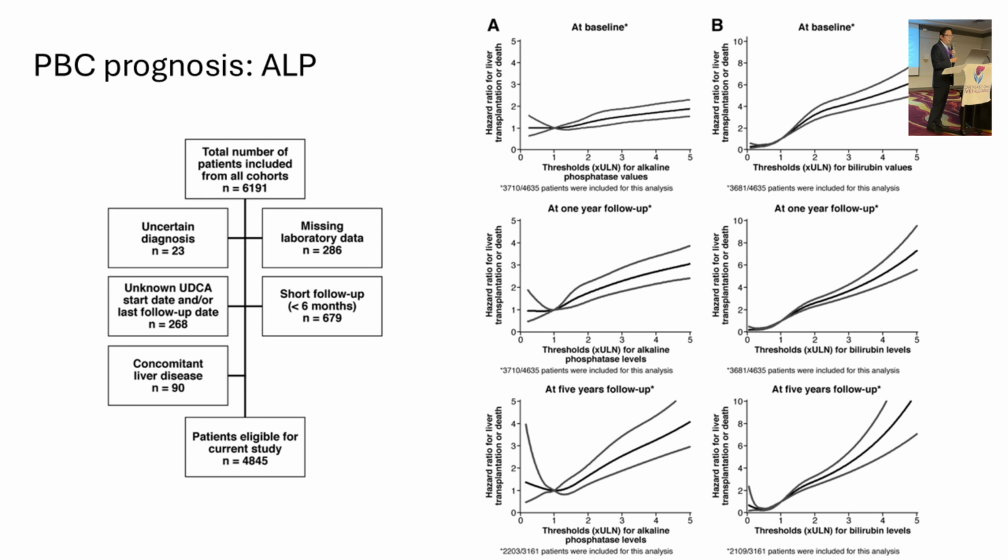As you can see, as the alkaline phosphatase increases from 1-fold upper limit of normal up to 5-fold, there's a linear association with their disease outcome. So alkaline phosphatase is a good marker for identifying those who may progress faster than those who would not.